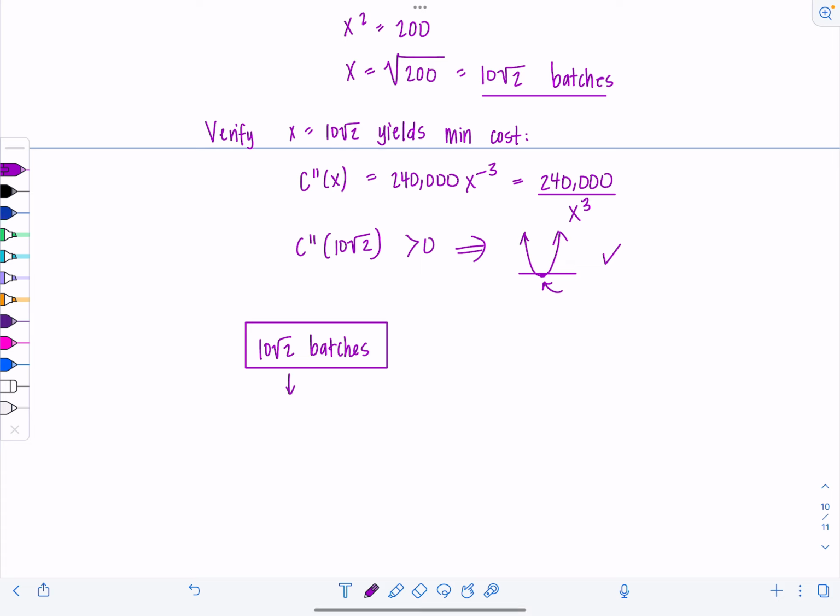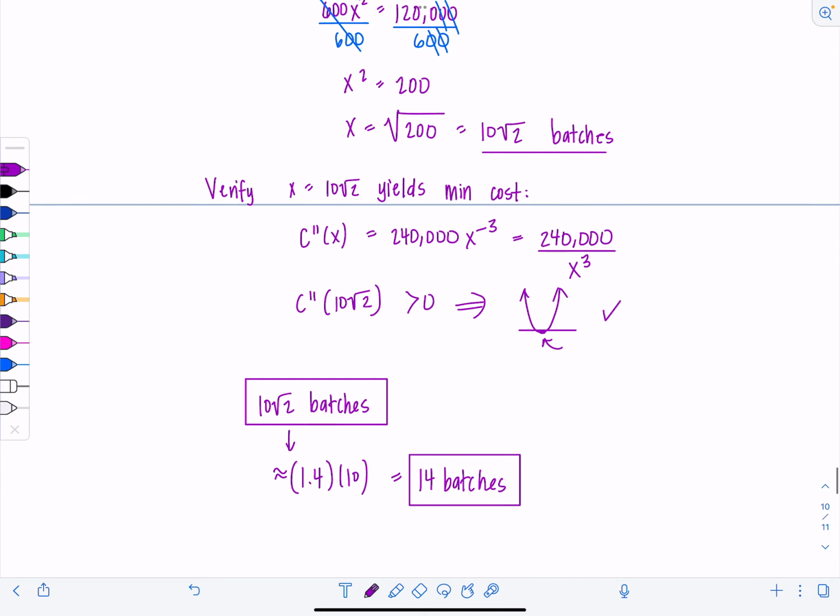Rad 2 is about 1.4. So 1.4 times 10, that's about 14 batches. Okay. There you go. So it looks like more than once a month you're going to be making a batch, right? 14 batches throughout the year. And there you go. So that's how you solve that problem.